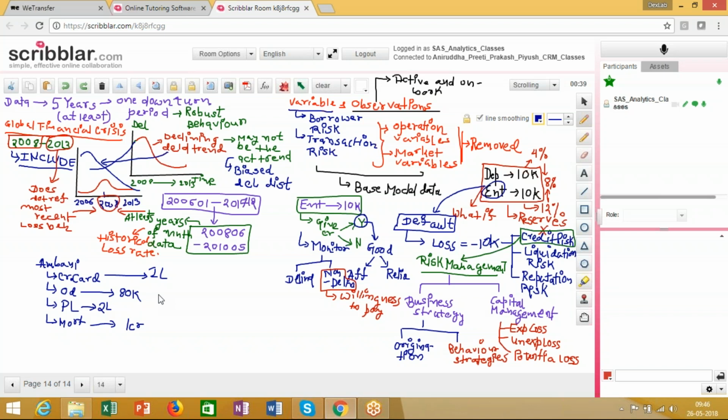Now, what is the expected loss? The expected loss is obviously the loss which these accounts would be expected to have. So say the bank sees that Mr. Ambani generally pays back all his dues in time and maintains a clean credit record.